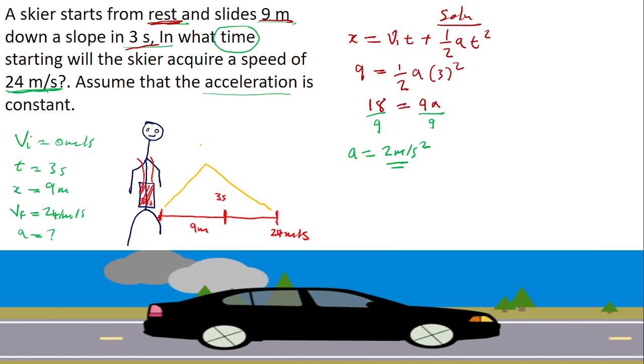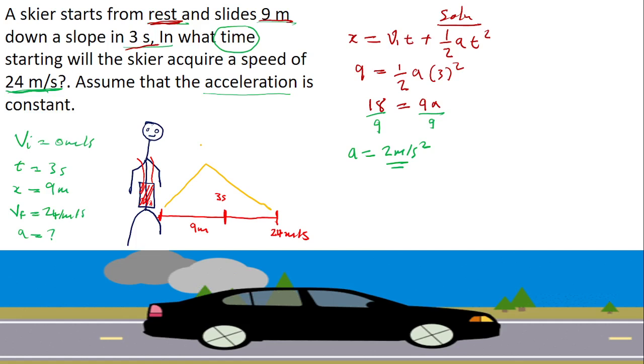Because he had the same acceleration, we can utilize the information we have for his first trip to find the acceleration. That's the information we have now used. Now what we want is the time spent from this point to that point. What time did he spend?